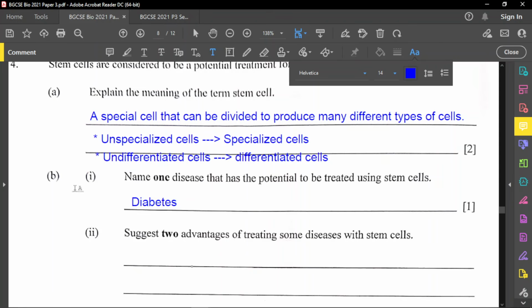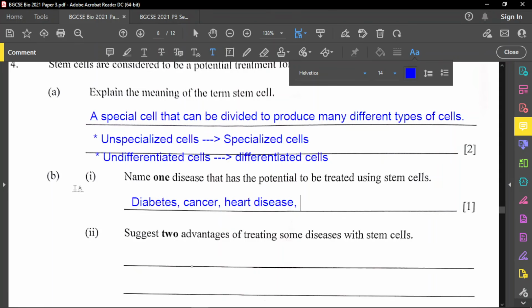Let's think about cancer cells. Yes, so you could use stem cells now to change or replace those cells that are cancerous. So yes, it may potentially treat cancer. Heart disease. Yep, we could definitely use stem cells to treat heart disease, to replace bad cells, or to make cells that are functional and able to function within the heart.